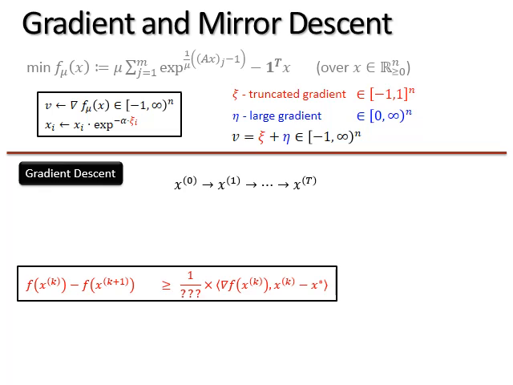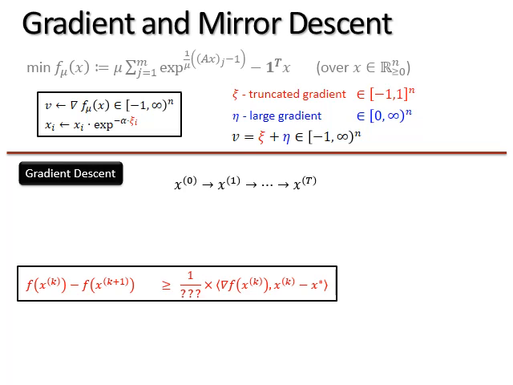They show that in every single step, one can decrease the objective by an amount which is a factor that depends on actually what the algorithm is, multiplied with the inner product between the gradient of the function at the current point times the difference between the current point and the minimizer.